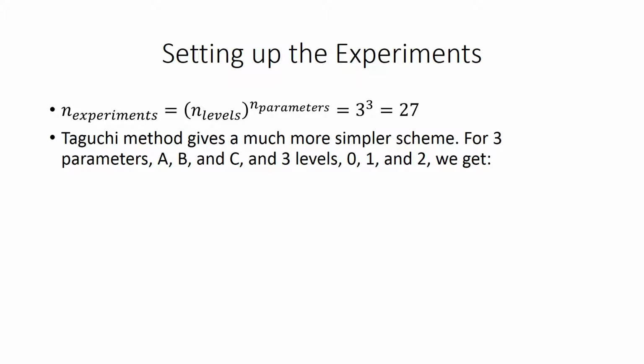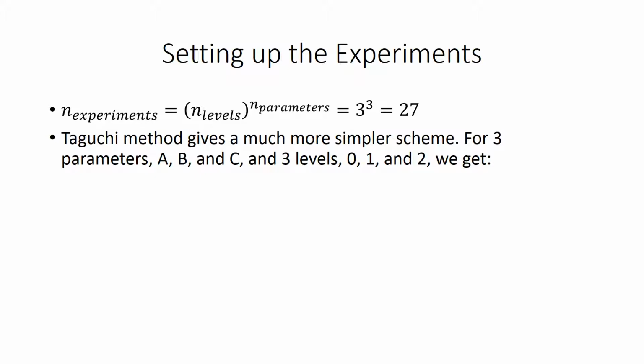Now this might be quite expensive to do, especially if you have to send out samples for analysis, and let's say for instance each analysis costs $1,000 to conduct. That would be $27,000.